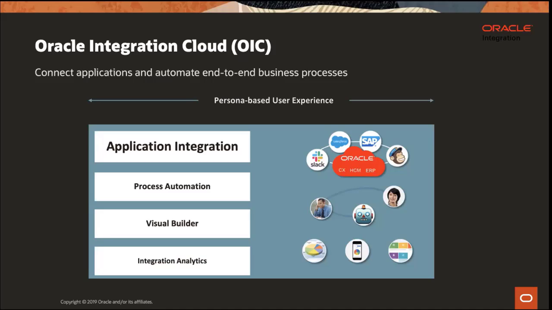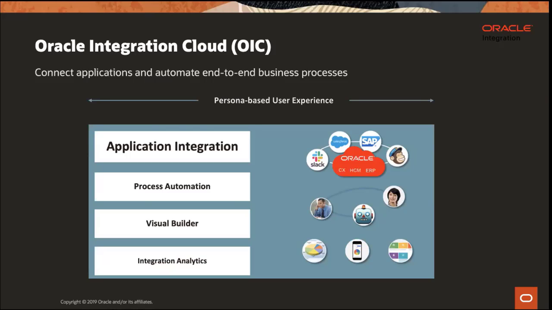Now, there are some other supporting components to OIC. We won't be going too in depth into those today, but they are process automation for human workflow approval type use cases, visual builder for spinning up your own custom application in a low code development environment.